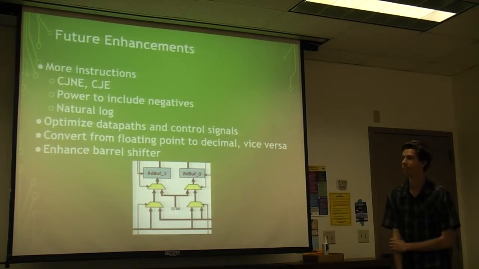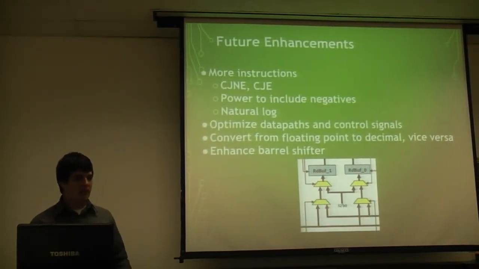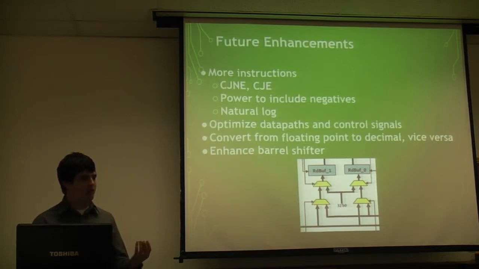And then the next 2 possible enhancements were negative powers and natural log. The negative powers would basically be raising something to a fraction of itself, so that would require implementing that in a floating point operation and then reworking the algorithm for power completely, or at least for negative power.